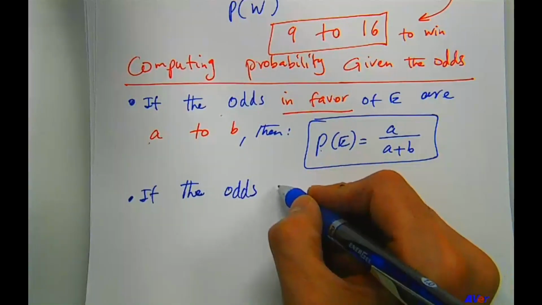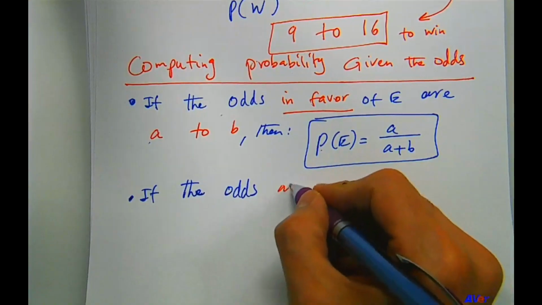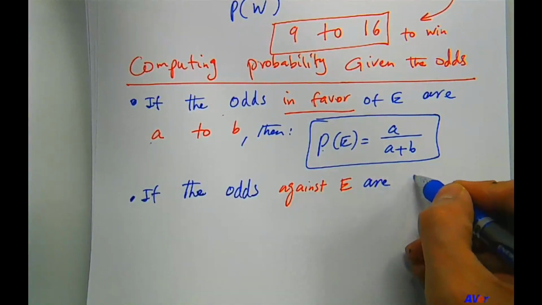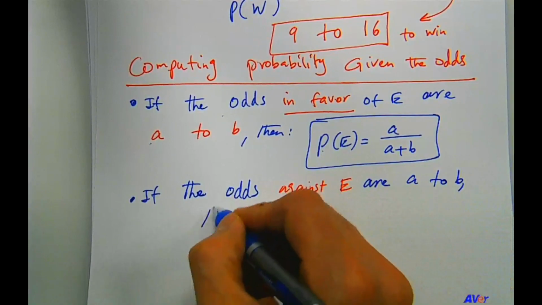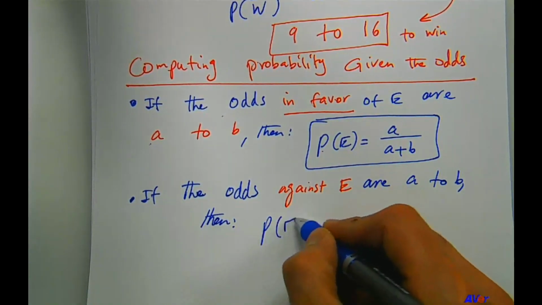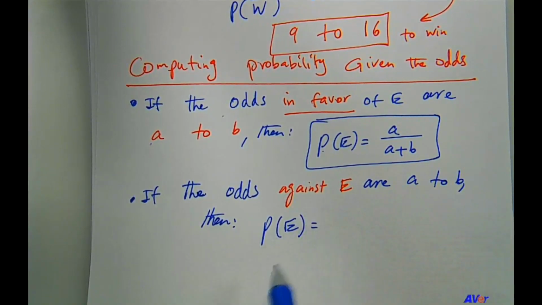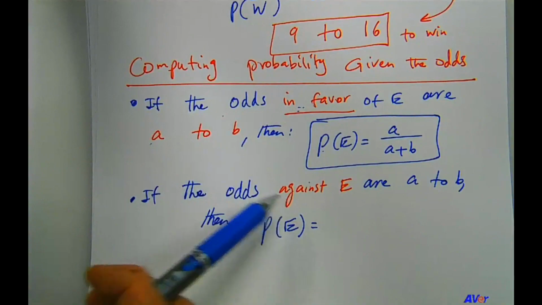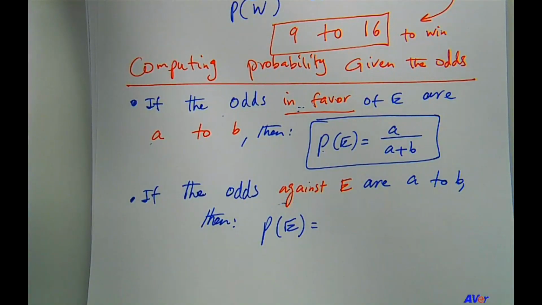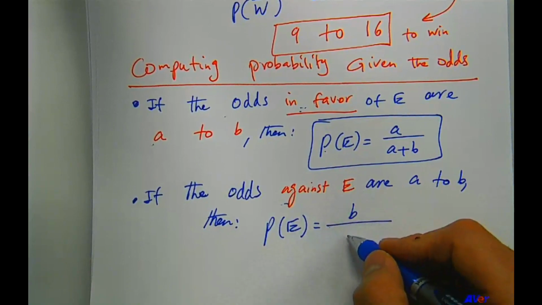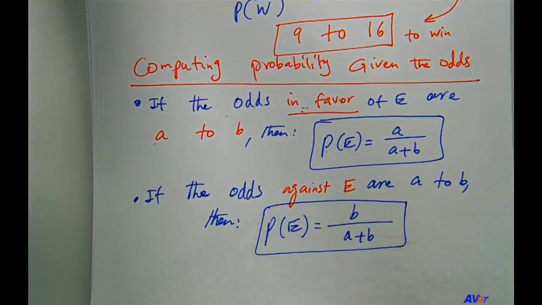So if the odds against E are A to B, then probability of E, so we're calculating the probability of E in both cases, but in one case we were given the odds in favor of E, in the other case we were given the odds against E. Okay, so this time we take the ratio of B, not A, B divided by A plus B. So that's the formula for that.